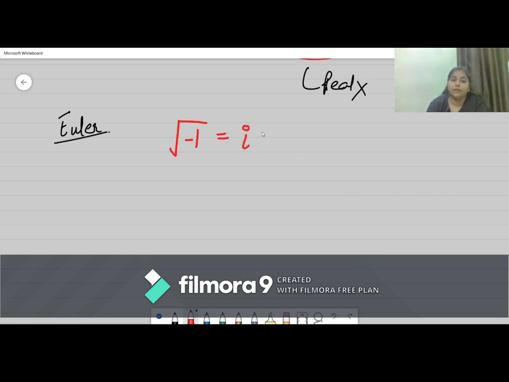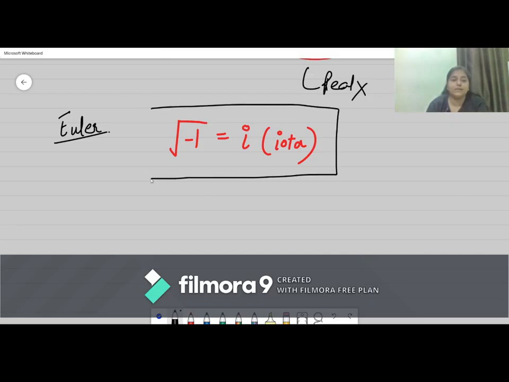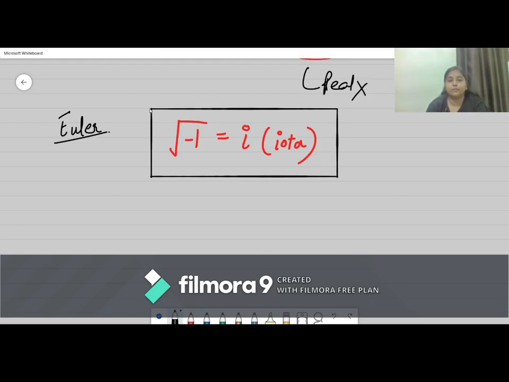We call it iota. What does this iota represent?